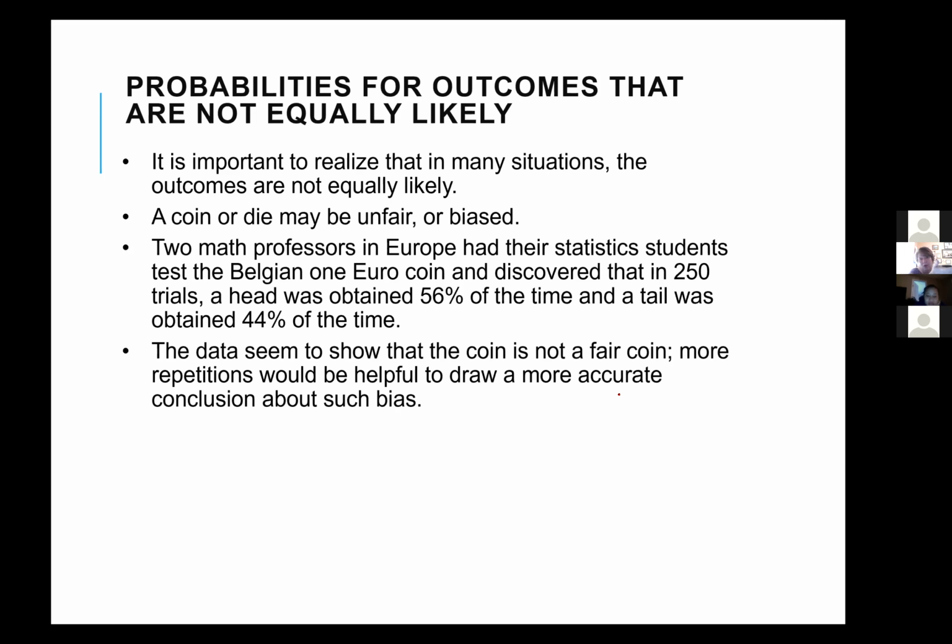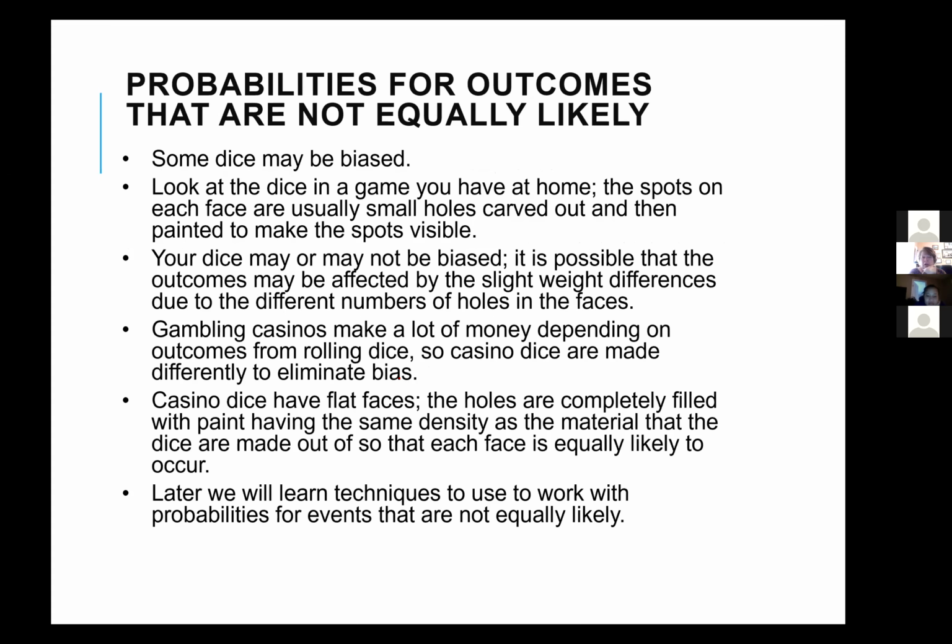So the coin may or may not be balanced. And we talked about this also, that dice may or may not be balanced. The dice that you roll when you're playing Yahtzee are not, chances are, balanced, unless you specifically buy dice that are. If you're playing dice at a casino, their dice have to be balanced.